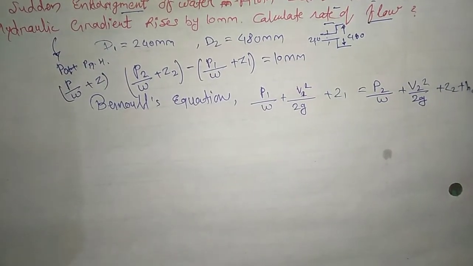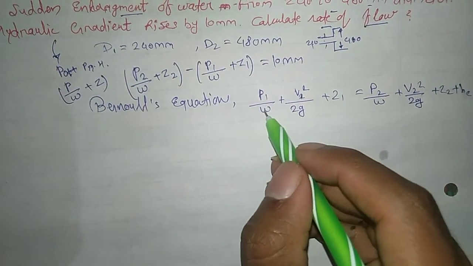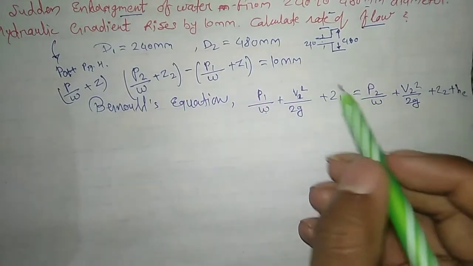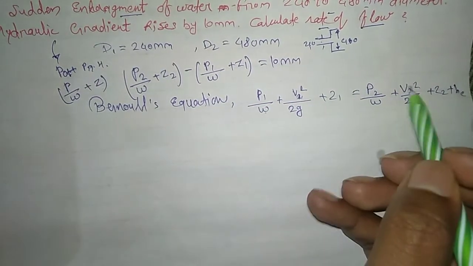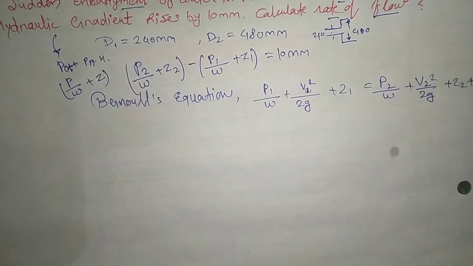Okay, so we have the values of P1 by W, P2 by W, and Z1. Here we have to find out the velocity at both sections.